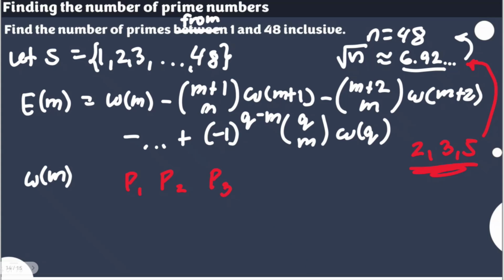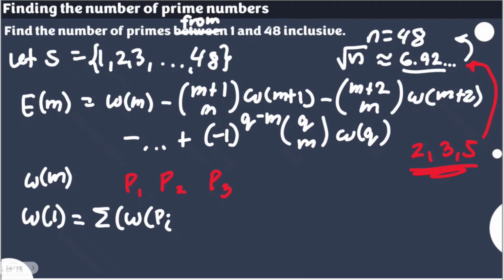That is because if you return to your omega of 1, we are going to add all the results for all P sub i's, meaning we take the cardinality of each set having exactly one of these properties, and we add them.